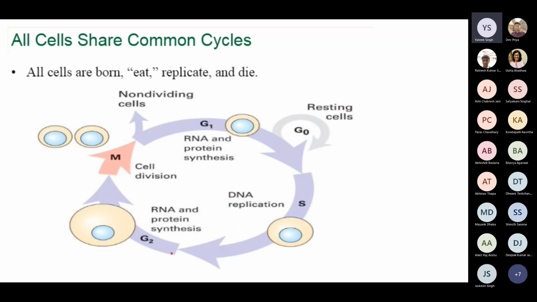And then the cell can divide after it has enough DNA, when the DNA gets totally replicated, right? This is what's called the cell cycle. So cells basically are born to eat, replicate, and then die. To summarize what this picture shows, I hope everybody knows about the cell cycle, right? I'm just repeating this.